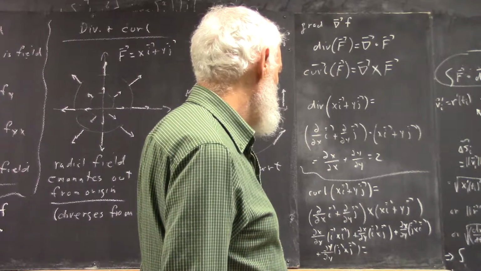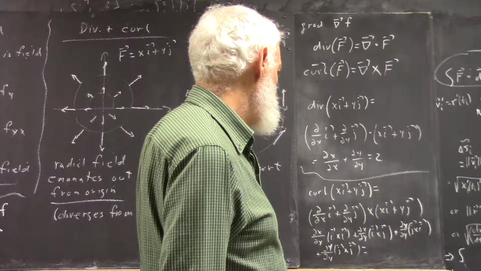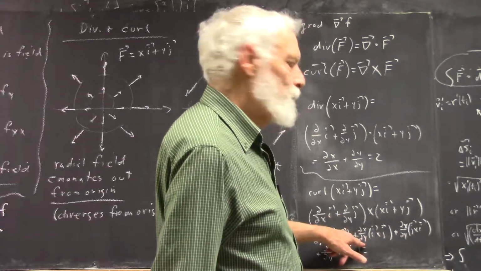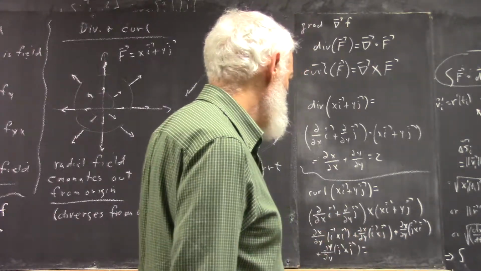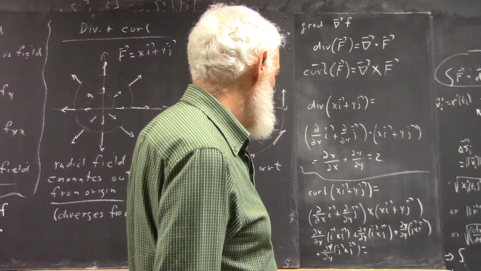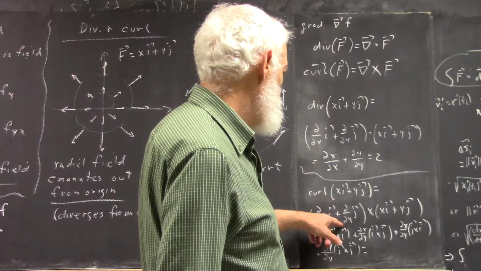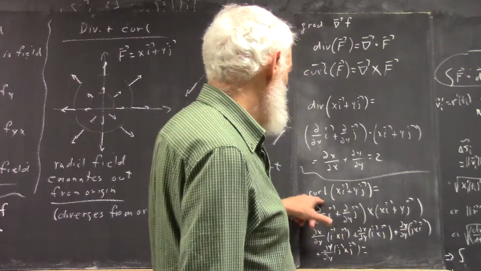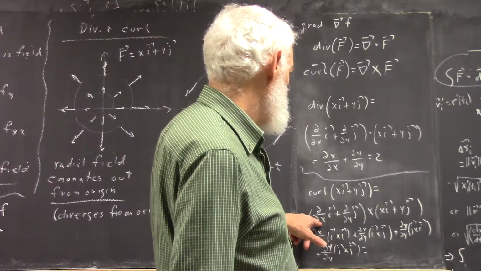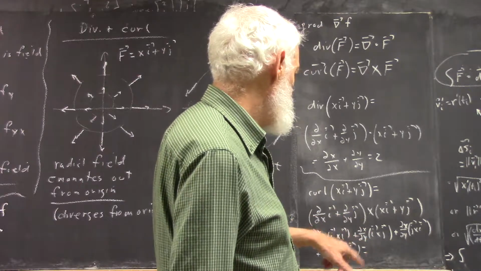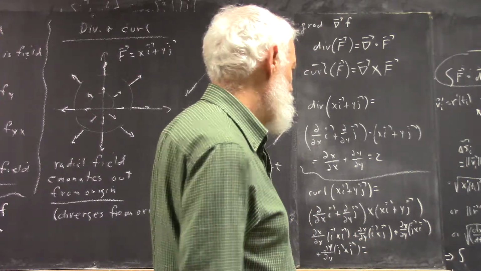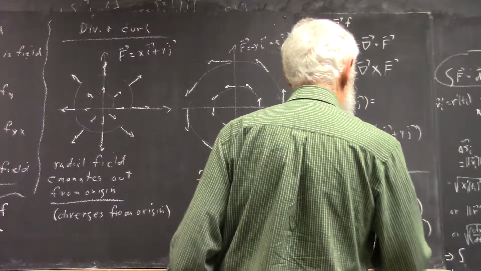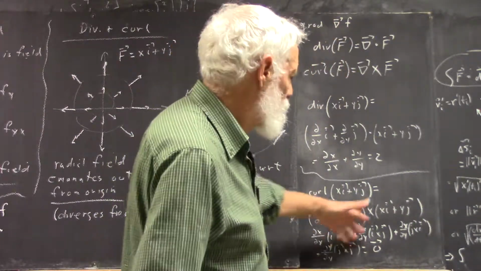Anyhow, partial of x with respect to y is 0. I should have gotten your second term: partial of x with respect to y times j cross i there, and partial with respect to x of xi. Something's wrong here, and it's a vector, okay? I wrote something down wrong here.